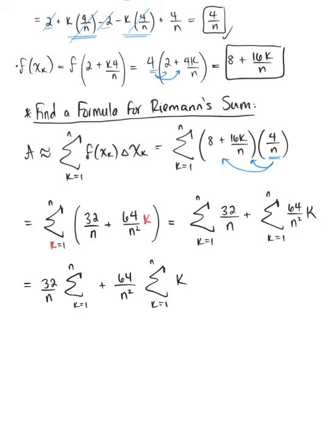So we can see two of those algebraic properties. The first one here is that constant rule. And looking at our second sum here, we see that this is the sum of the first n integers.